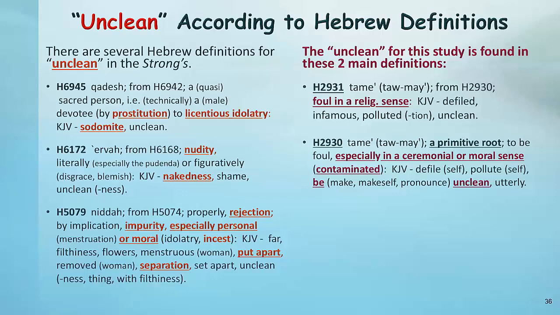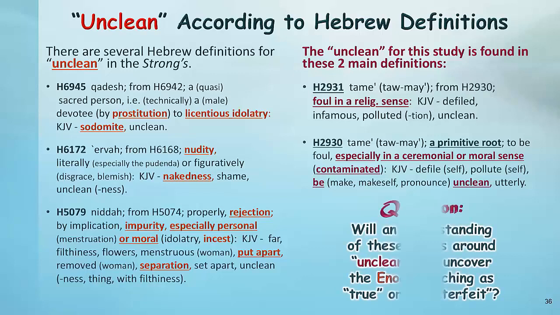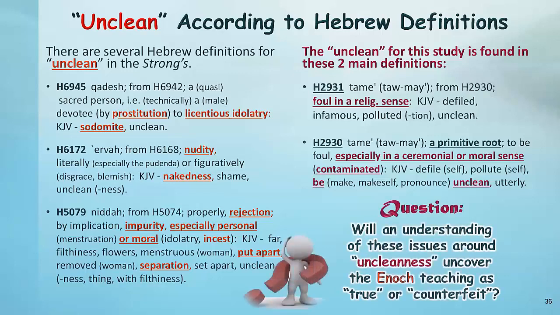Basically something in a spiritual sense. 2930 is tamah, the primitive root. It also means to be foul, especially in a ceremonial or moral sense, contaminated. The King James has words like defile, pollute, be pronounced, and be unclean.